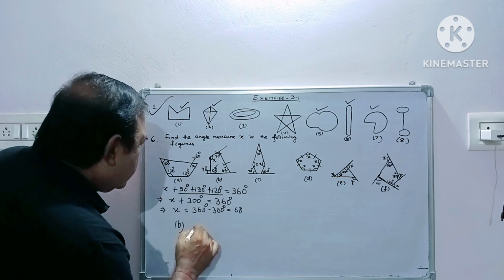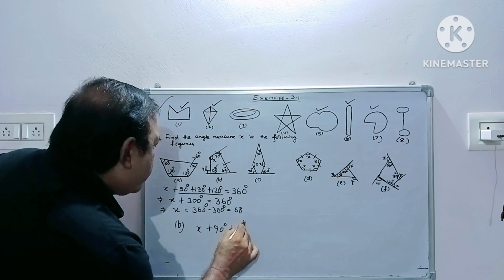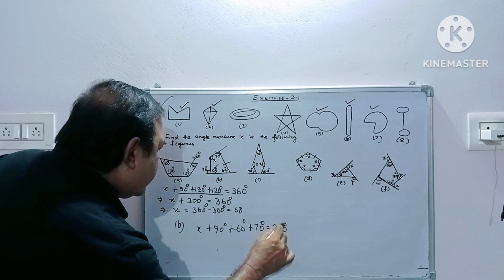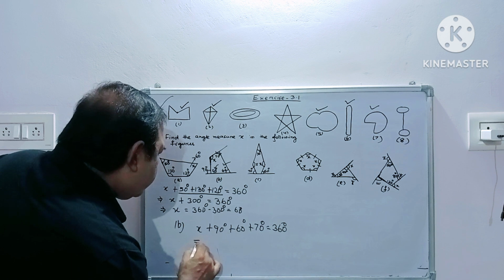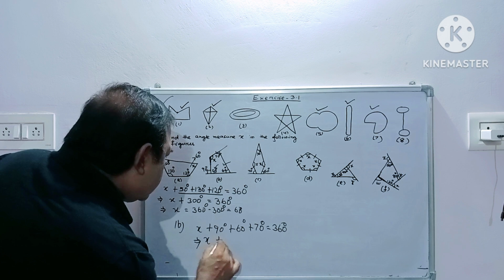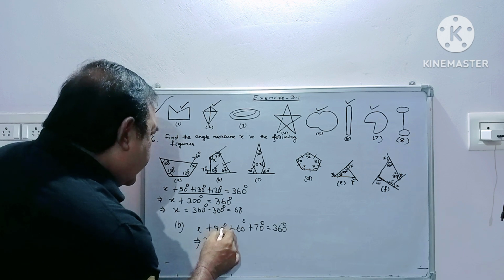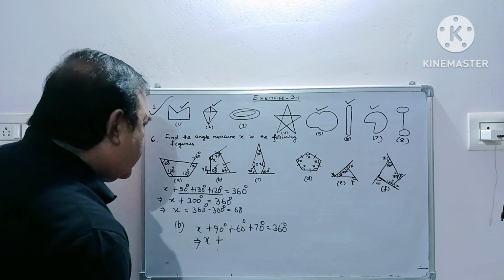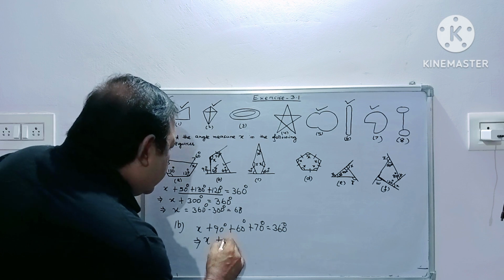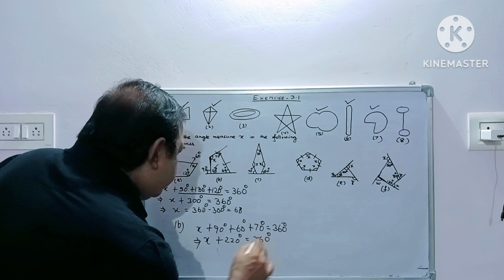Then you develop the equation like this: x plus 90 degrees plus 60 degrees plus 70 degrees is equal to 360 degrees. 90 plus 60 is 150 degrees, plus 70 degrees is 220 degrees, that is equal to 360 degrees.